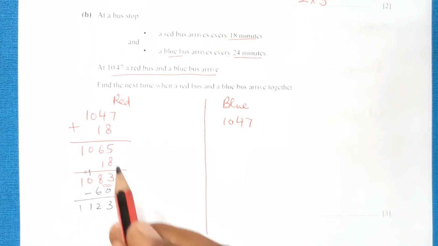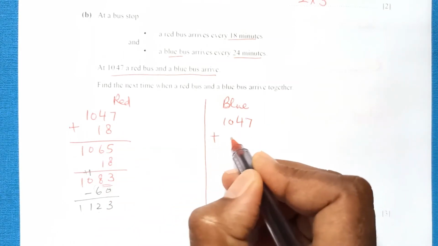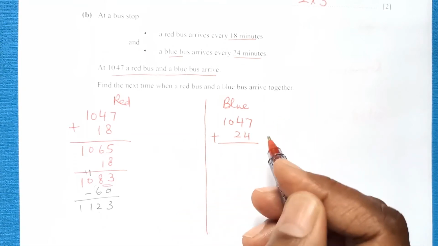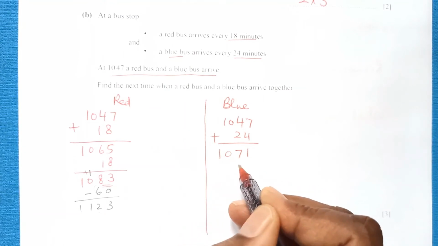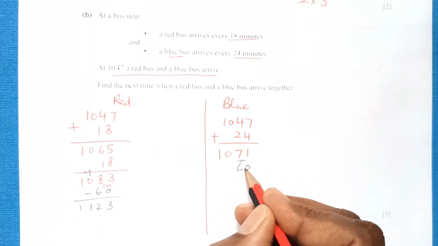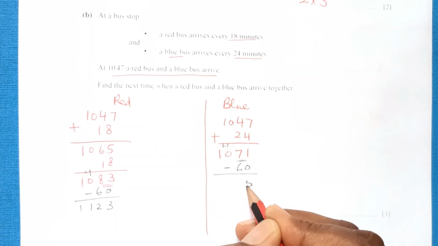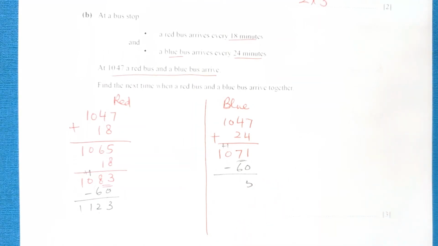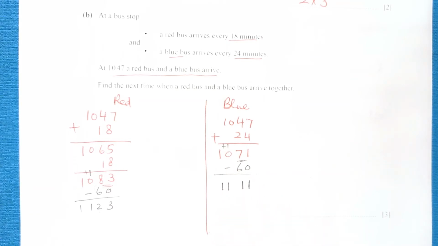So 11:23 for the red bus. So let's see here, this bus comes after every 24 minutes. So this will be 10:71. So this is increased by 60. So 1 hour, when you subtract 60, this will be 11 here.